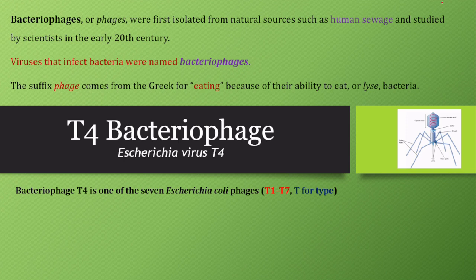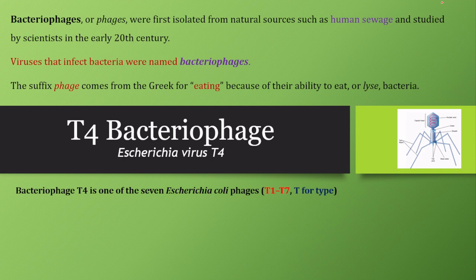T4 bacteriophage is one of the 7 Escherichia coli phages. So there are T1, T2, T3, T4, T5, T6 and T7 phages. Here T stands for type. T2, T4 and T6 are called the even bacteriophages.